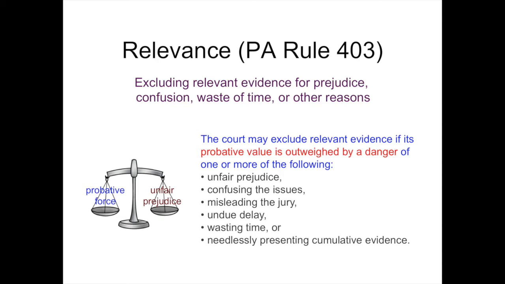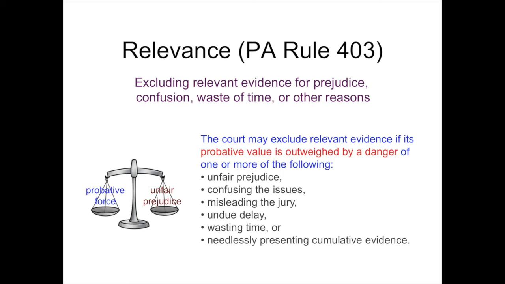Moving on to Rule 403, I'd like to talk about excluding DNA evidence based on relevance for prejudice, confusion, waste of time, and so on. So under the federal and state rules of evidence, in the state rule, significantly is not a word that's in the phrasing, a court may exclude relevant evidence if its probative value is outweighed by a danger of one or more of the following, and it includes unfair prejudice, confusing issues, and so on.